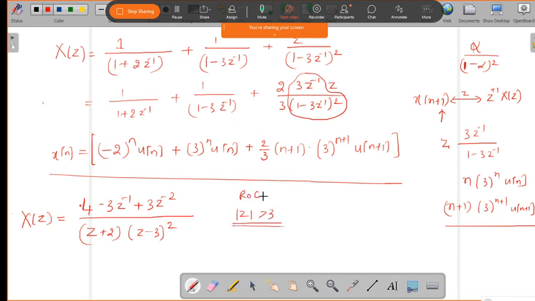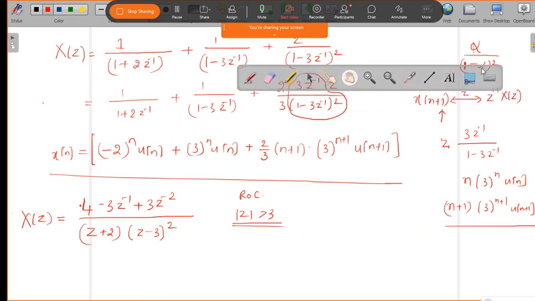Now try to do this one. How will we do it? Try to do it.